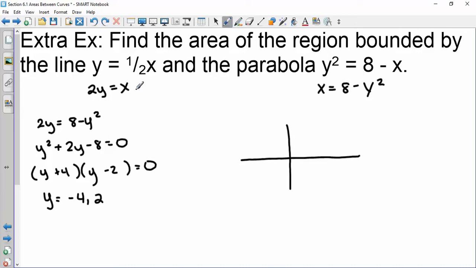If we want to get a rough picture, these are my y's. So plug a -4 in for your y, you get -8 for your x. If I plug a 2 in for my y, I get 4 for my x.